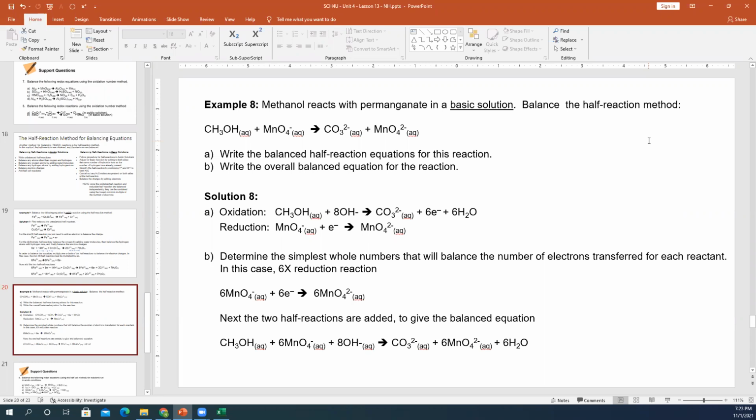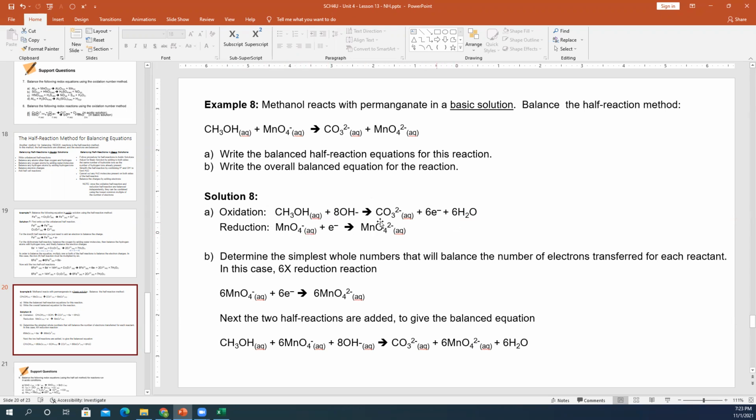So the first thing we do is we figure out the two half reactions and we split them apart. So here we pull out the methanol and this carbonate here, and we just balance out the half equation for this using those steps. And the same for the permanganate ion.